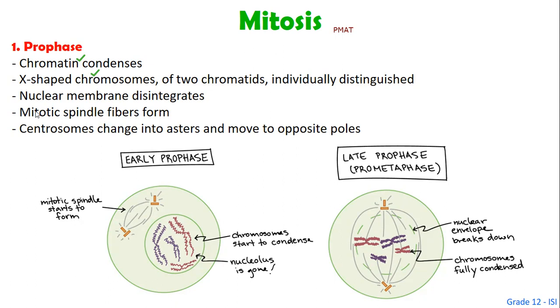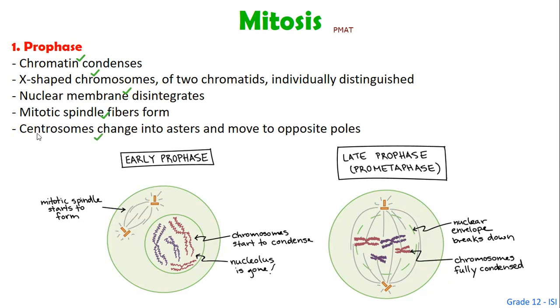We can clearly see their X shape, as you can see in here. Chromosomes are visible. Another thing is that the cell loses the membrane of the nucleus. So the membrane of the nucleus disappears, spindle fibers appear, and the centrosomes become asters.